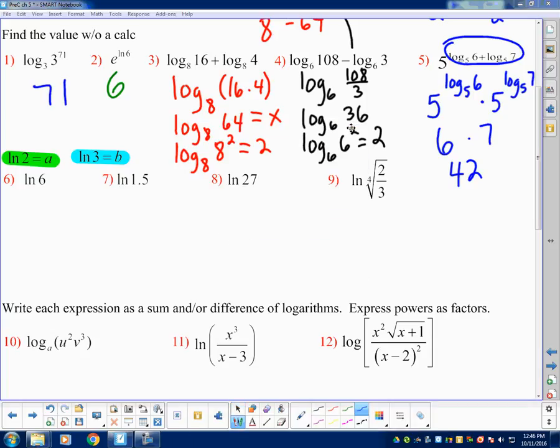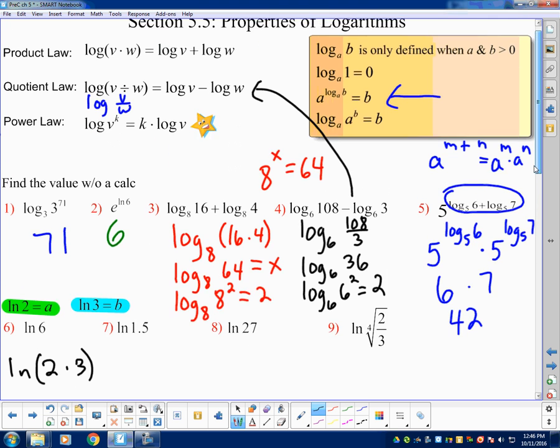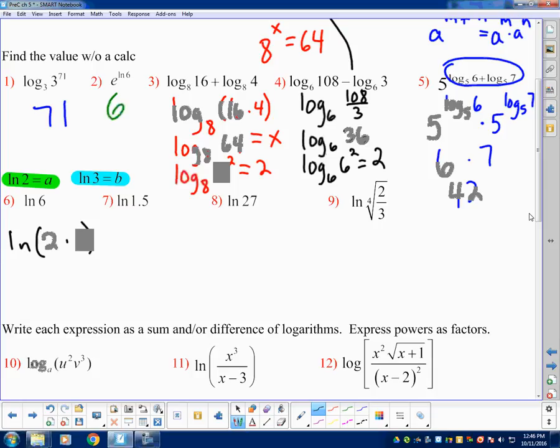In other words, I can take ln of 6 and break it up into ln of 2 times 3. Let's behave here. So I can take ln of 6 and break it up as ln of 2 times 3. There we go. And ln of 2 times 3, according to the product law up above here, can be rewritten as ln of 2 plus ln of 3.